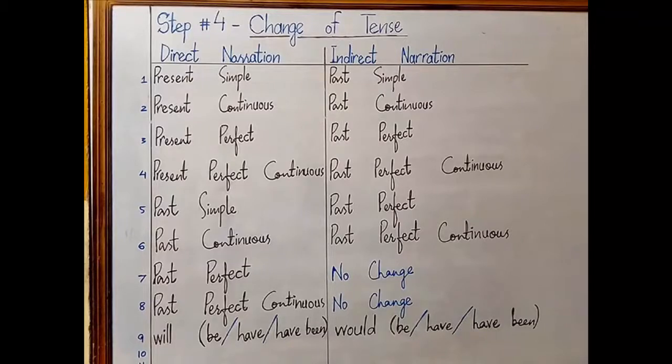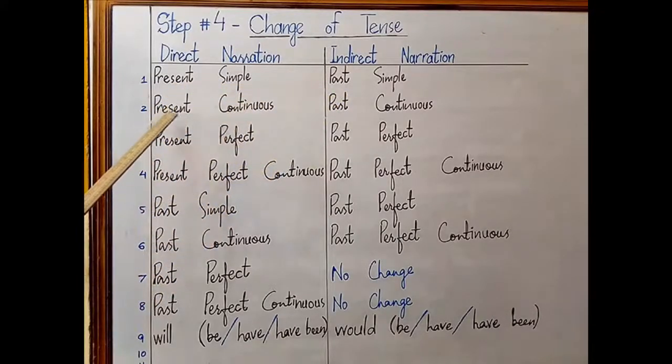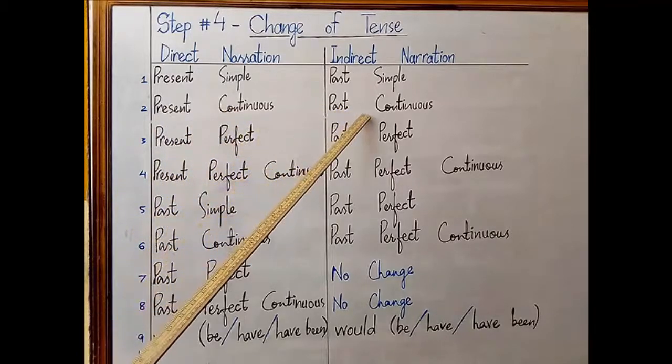If you have present simple in direct speech, in order to convert the sentence into indirect, you will convert this present simple into past simple. If you have present continuous, you will convert it into past continuous.